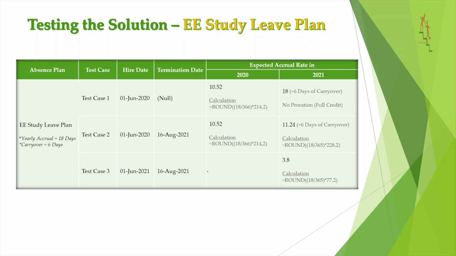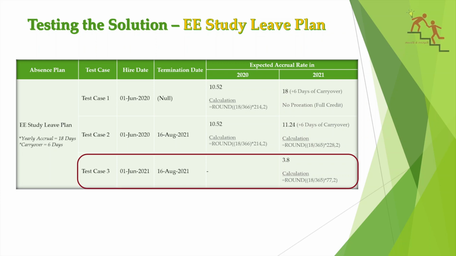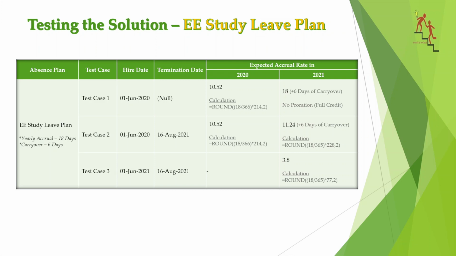And in the final test case, both hiring and termination happened within the accrual calendar year of 2021. So here the prorated accrual from 1st of June 2021 until 16th of August 2021 would be 3.8 days. I have mentioned the calculations, as you can see here, wherever proration happens.